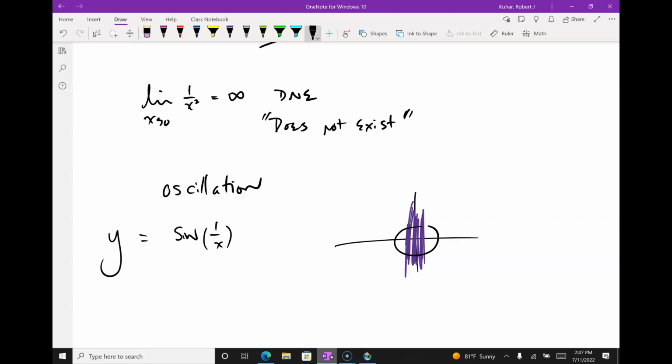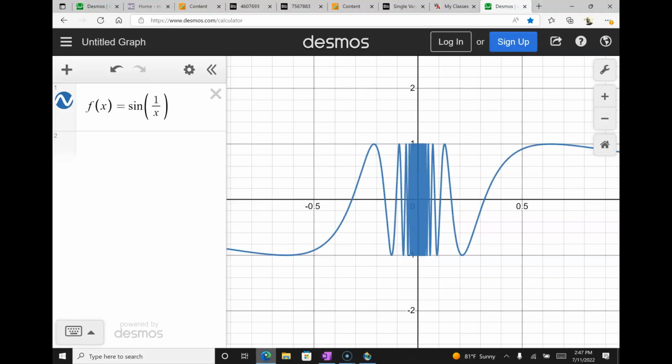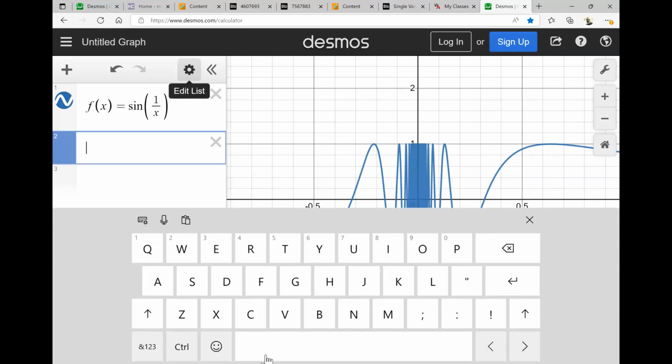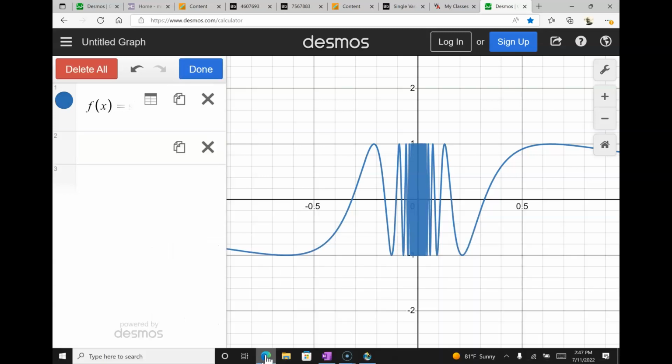Let's look at this one numerically. Can I do it with a sine? Yes.